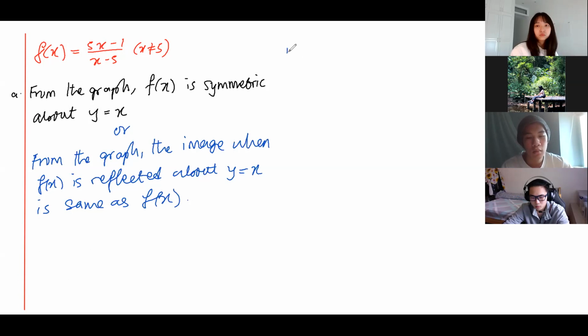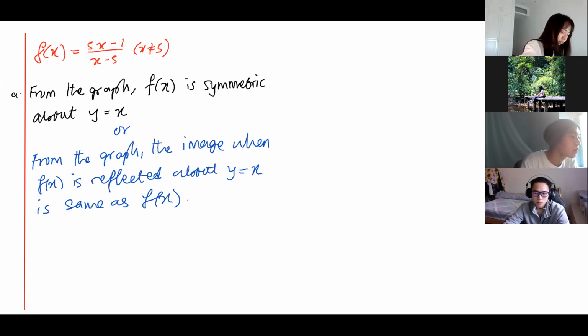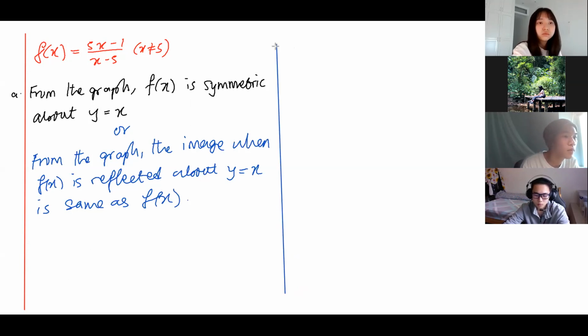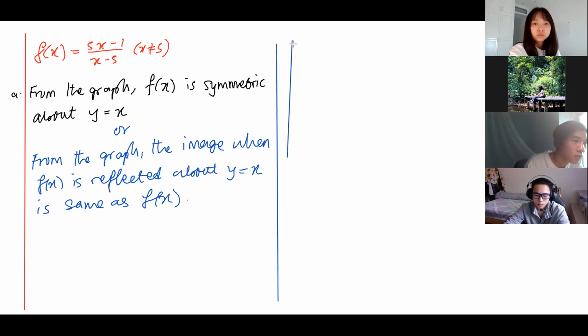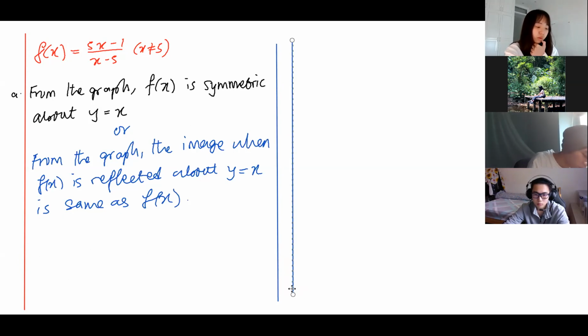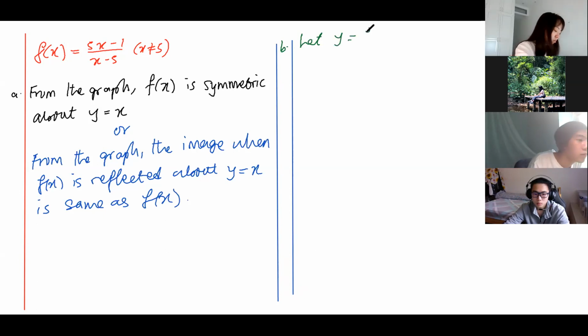So the second question is to use algebra. Using algebra is exactly what we have been doing. We explain that by finding the inverse. So using algebra, you say let y be f of x.